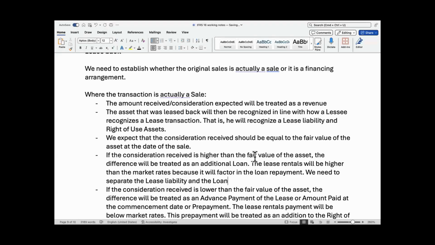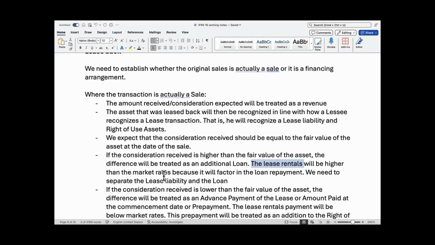So you have to be very careful. If the consideration received is higher than the fair value, definitely the lease rentals that this lessee will be paying will be higher than the market rate. So if you just do PV of lease rentals to get your lease liability, you'll be wrong.